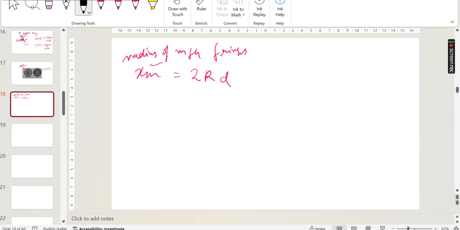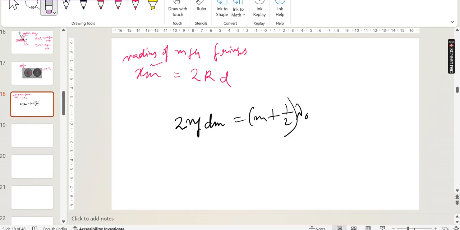The nth order interference maximum will occur in the thin film when its thickness satisfies the relationship 2t equals (m plus half) lambda.